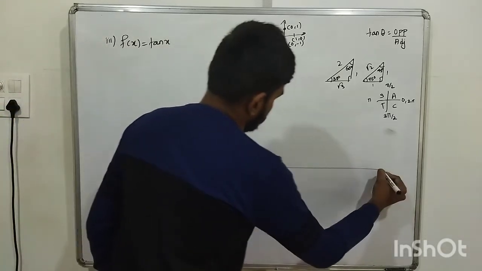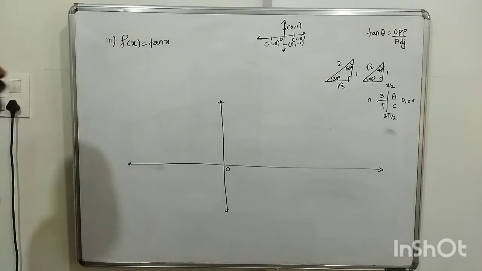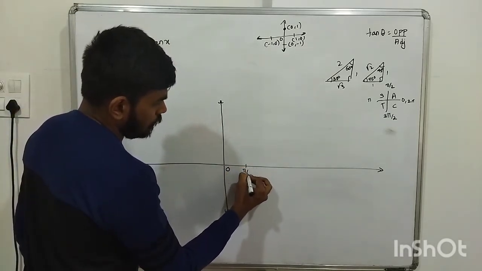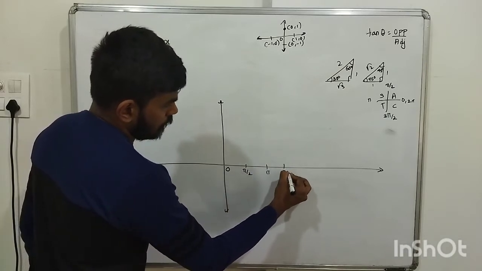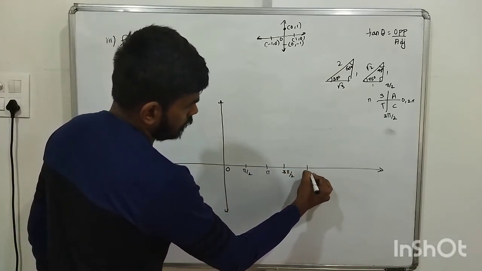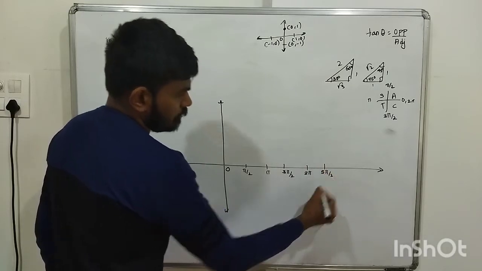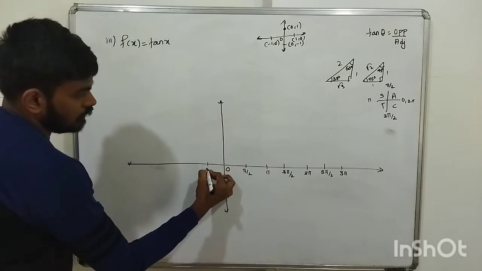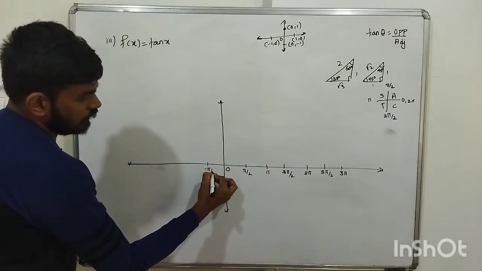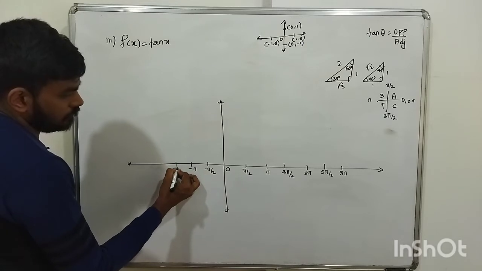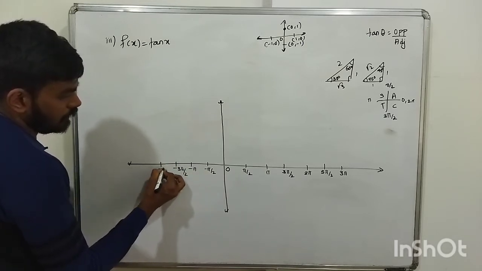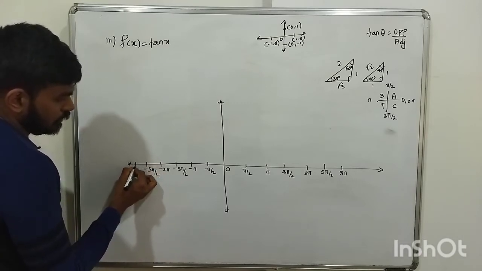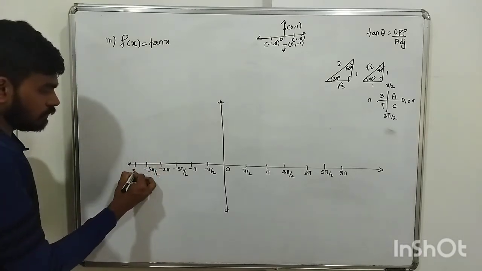Let's see what type of graph comes. 0 here, and now here it is pi by 2, pi, 3 pi by 2, 2 pi, 5 pi by 2, 3 pi, and so on. And here minus pi by 2, minus pi, minus 3 pi by 2, minus 2 pi, minus 5 pi by 2, minus 3 pi, and so on this side.